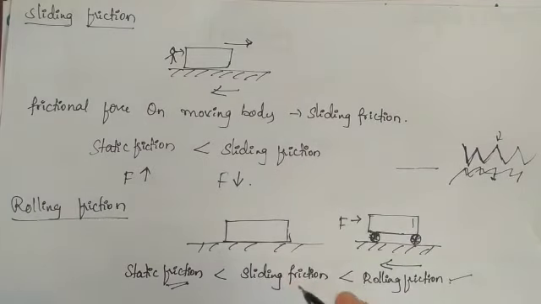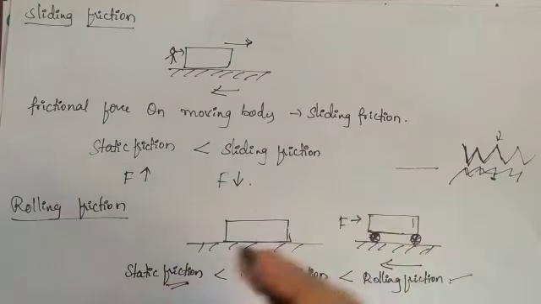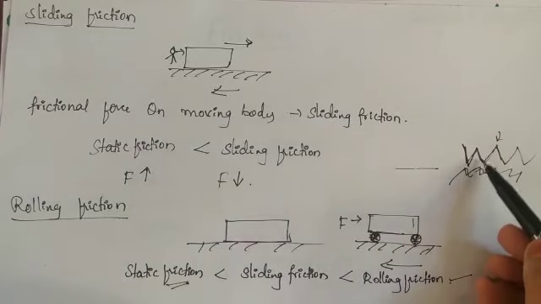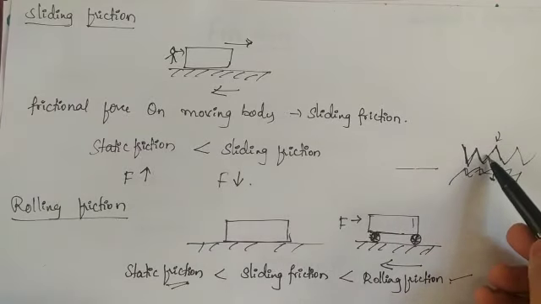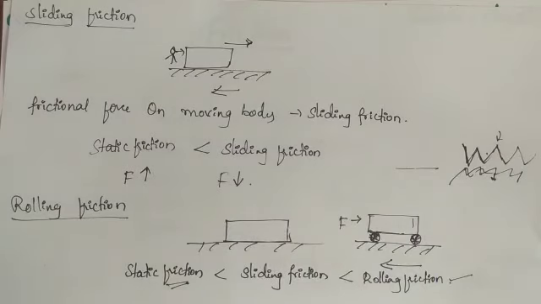Now in the case of sliding friction, when the object is moving, the interlocking between the surface and the object will be reduced. The time for interlocking will be reduced because the object is moving and these two surfaces won't stay in contact with each other.